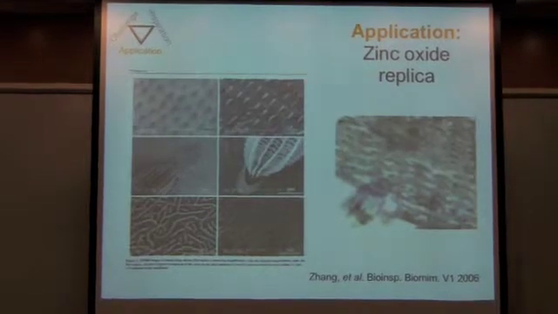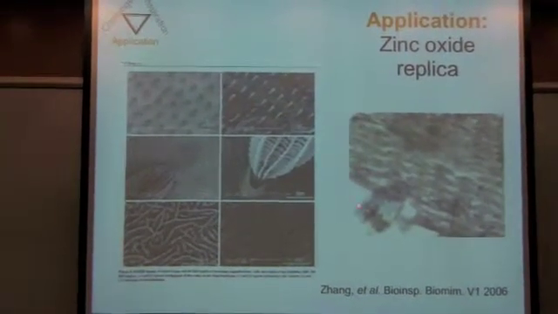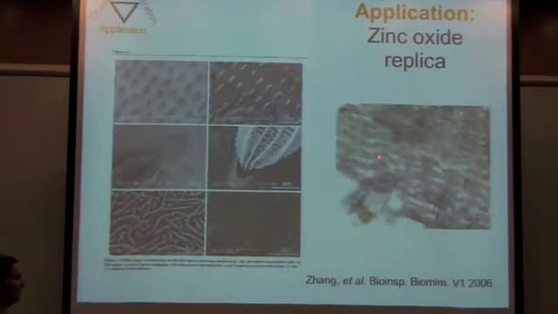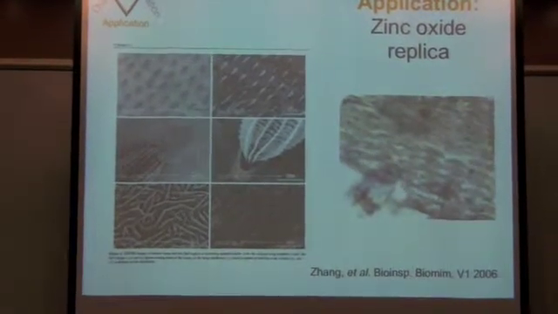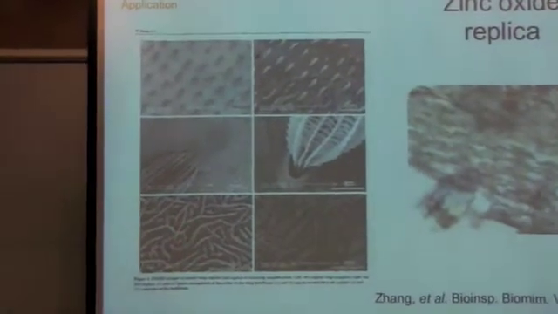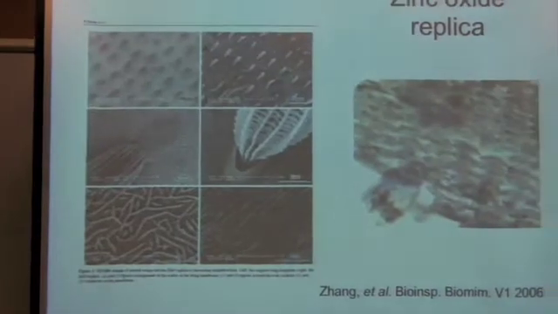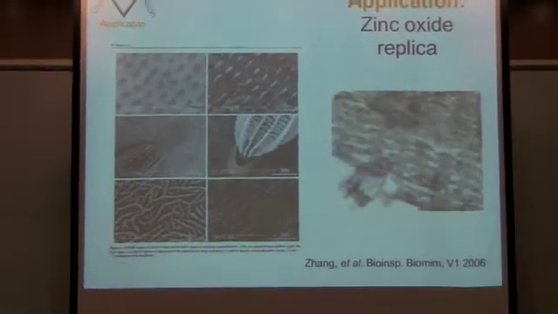And that is with variable success. Here you can see this is the replica, which has some color. Again, not due to pigment, but because of the structure of the wings. And I think on the left-hand side is the actual wing, and here is the replica. So the stamp from the wing. So they're pretty successful.